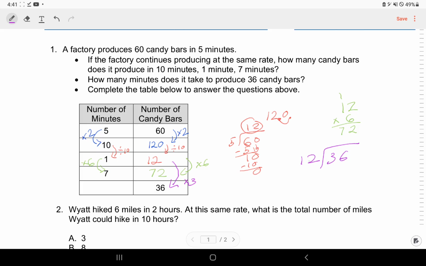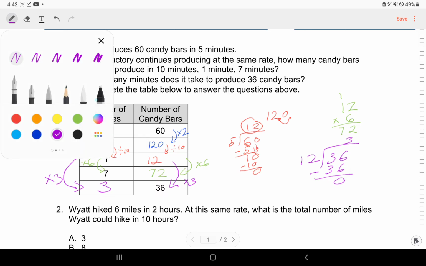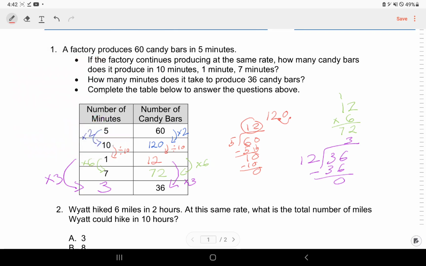Well, 3 times 1 is 3, so 3 times 12. And so I multiply by 3. And so my answers are 120, 12, 72, and 3.